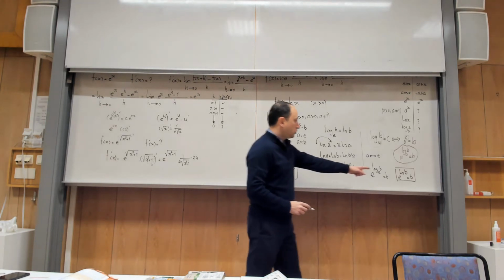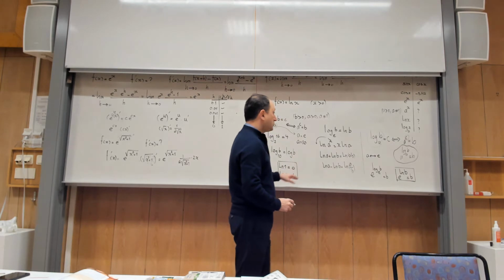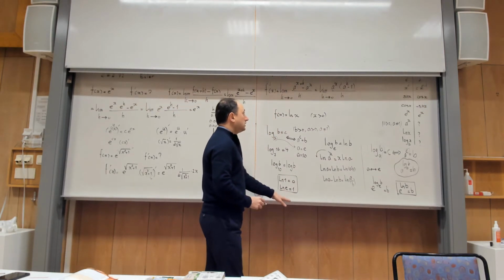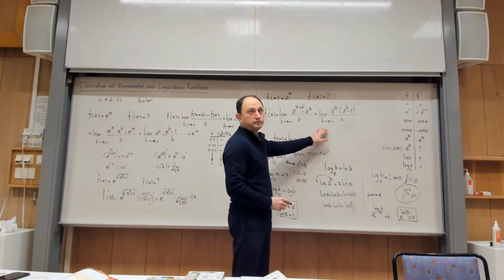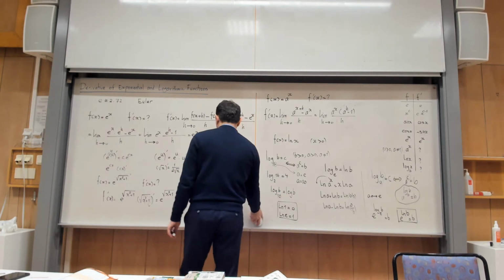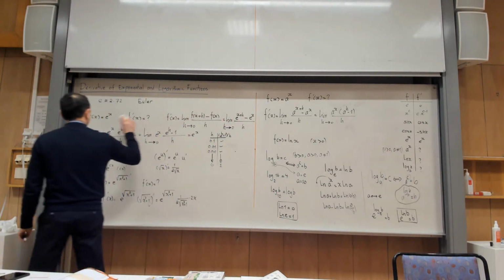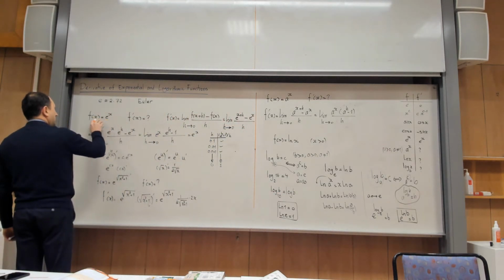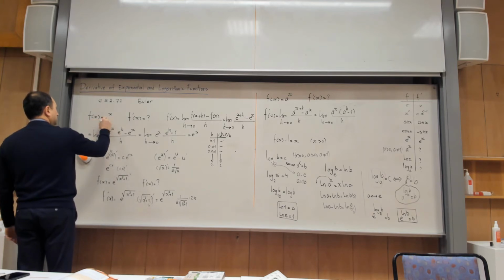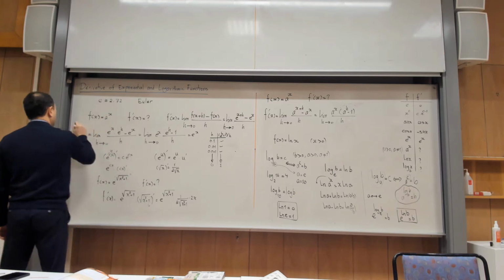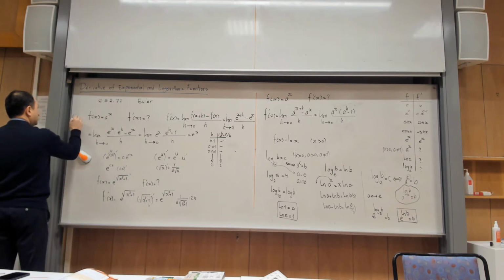So this is the formula that I want somehow to use instead of this method. So how do you think I can use it? Let me write the question again. The question is that f of x is a to power x, where a is positive and not equal to 1.